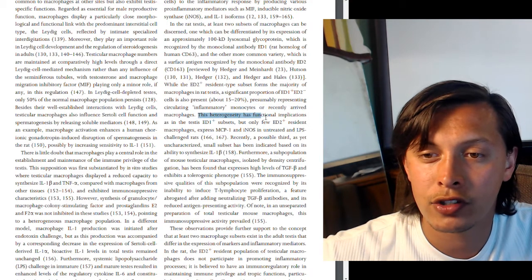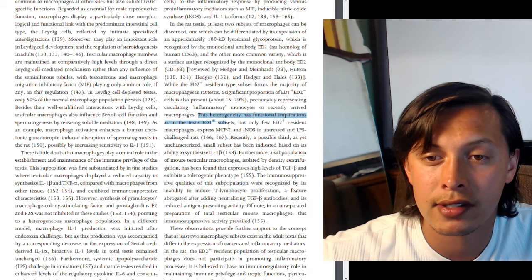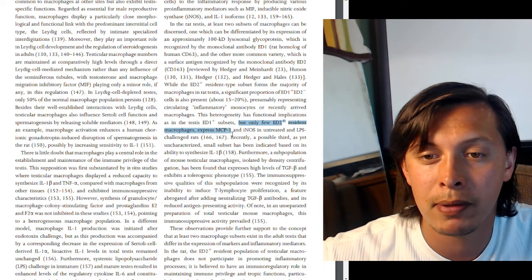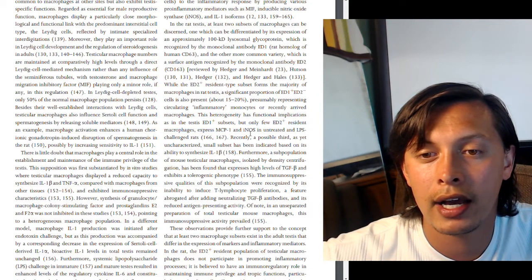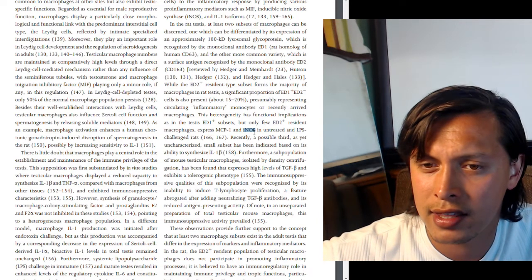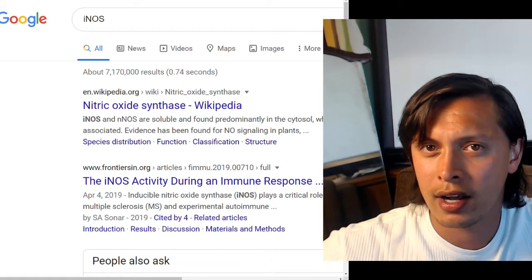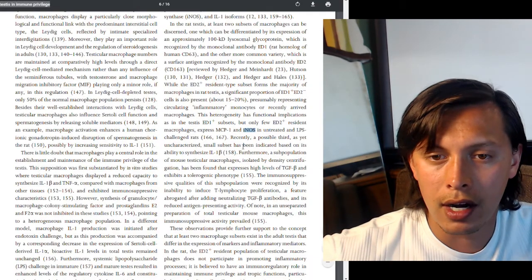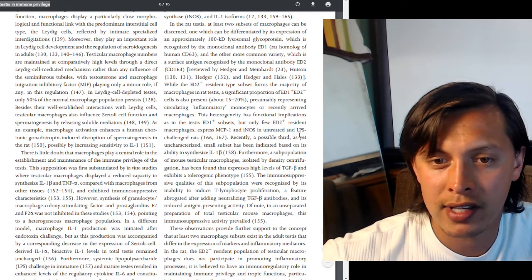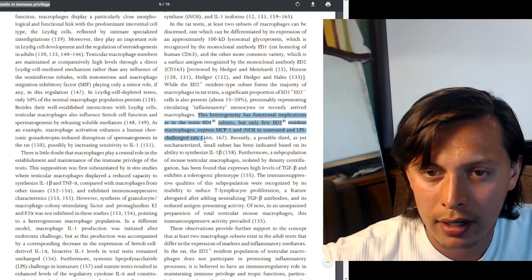This heterogeneity has functional implications, as in the testes ED1 positive subsets, but only few ED2 positive resident macrophages express MCP1 and nitric oxide synthase in untreated and lipopolysaccharide challenged rats. So let me read this real quick.